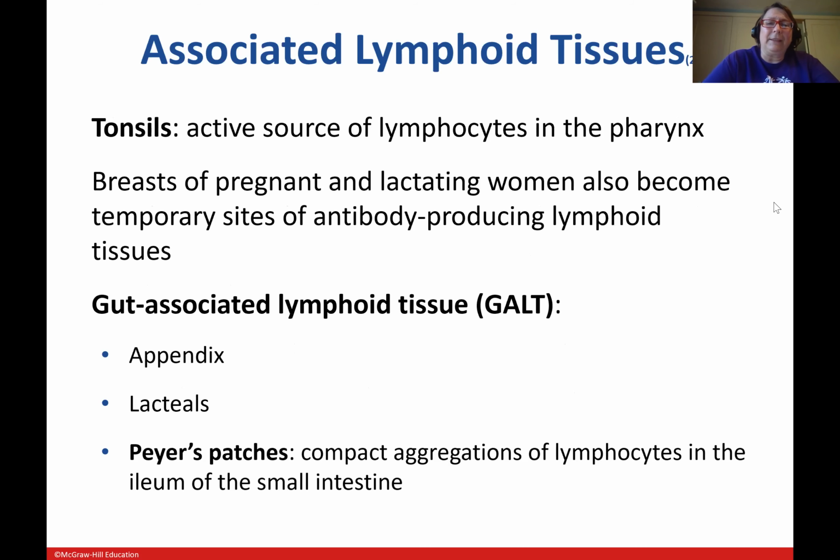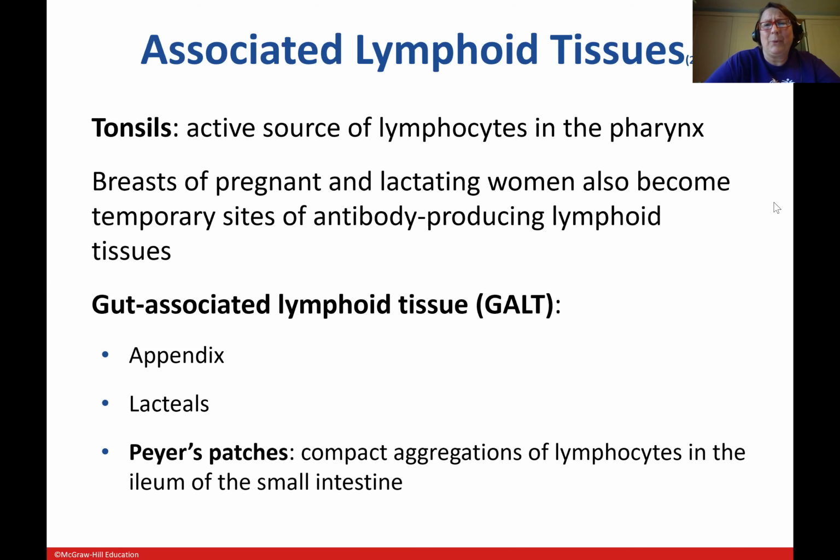And then the last set of associated lymphoid tissues are the gut-associated lymphoid tissue, or GALT. And that includes things like the appendix, the lacteals, and a group of cells called Peyer's patches inside the small intestine. And this is basically a little immune system area that's going to be surveilling the food that's going through to make sure that we don't have pathogens that are entering through the gut, and we have lymph tissue ready to attack in case they find that.